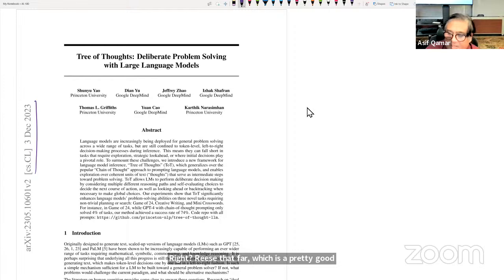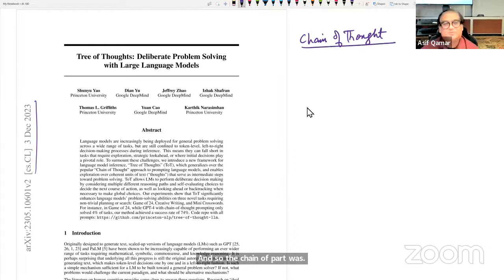And so the core concept of chain of thought was to guide it on how to reason, but actually not reason, rather to give it a few exemplars, so it can repeat a reasoning along those exemplars. Are we together?